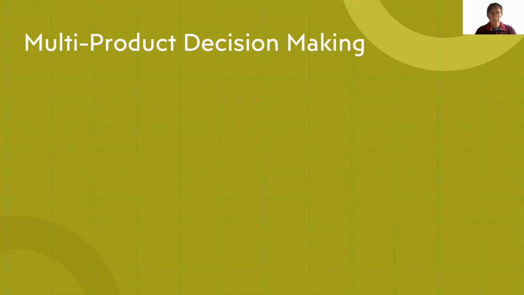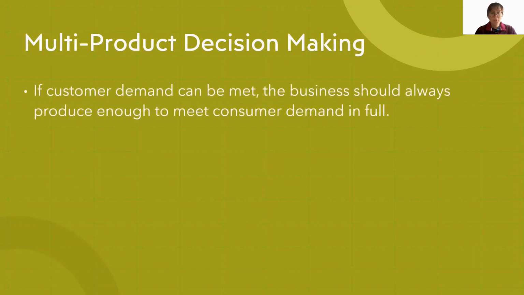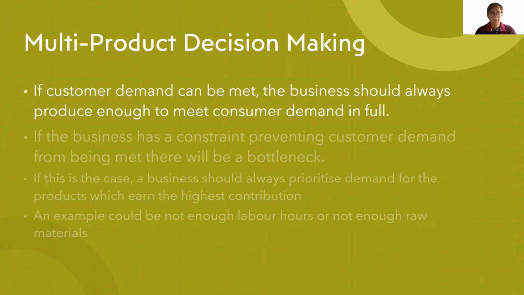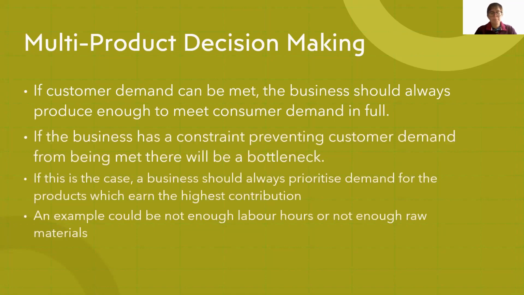Multi-product decision making then. So as long as customer demand can be met, the business should always produce enough to meet consumer demand in full. But if the business has a constraint which prevents customer demand from being met, there is going to be a bottleneck in place. In other words, a limiting factor.